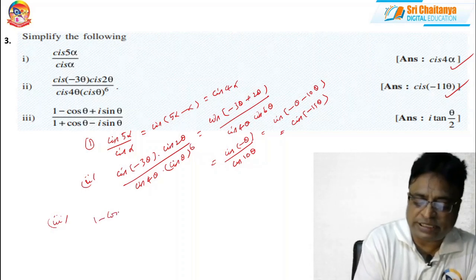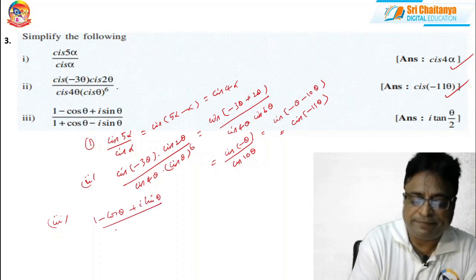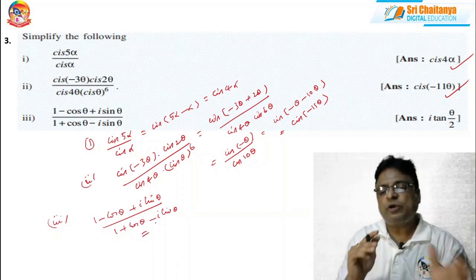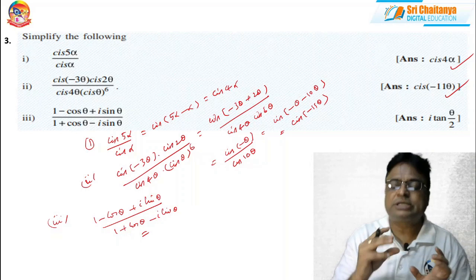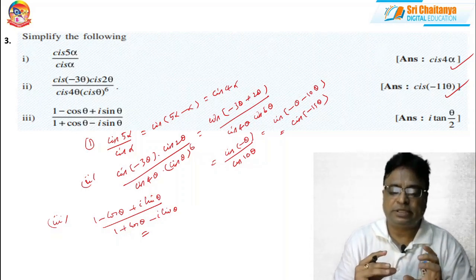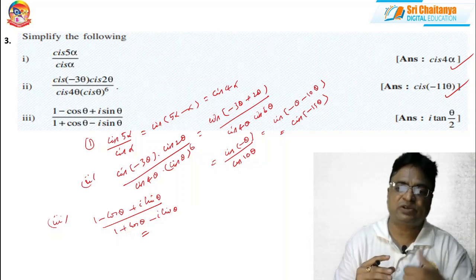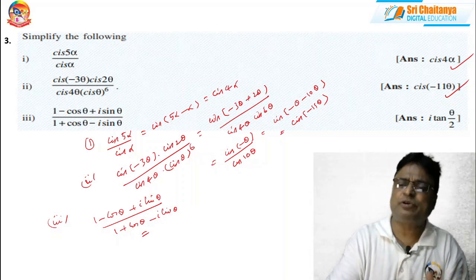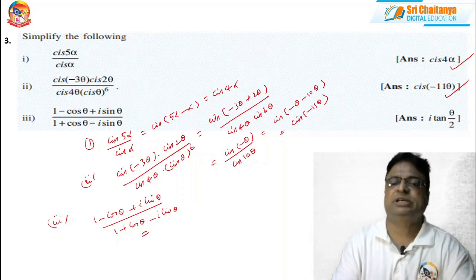1 minus cos theta plus i sin theta by 1 plus cos theta minus i sin theta. So here what I am going to say is, try to understand the mathematical steps behind solving each and every problem, because in general, the same routine steps we are using and applying even for solving other questions also.